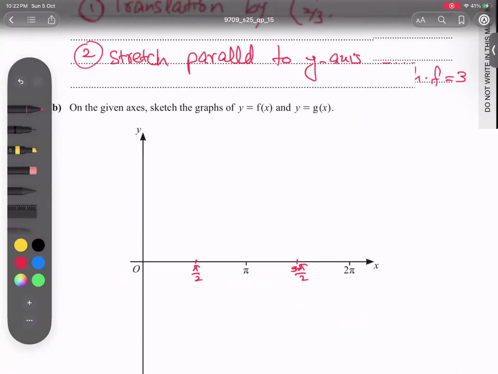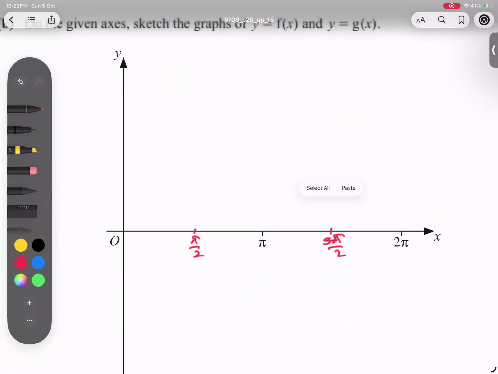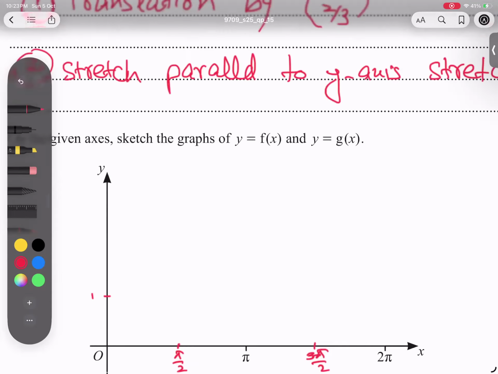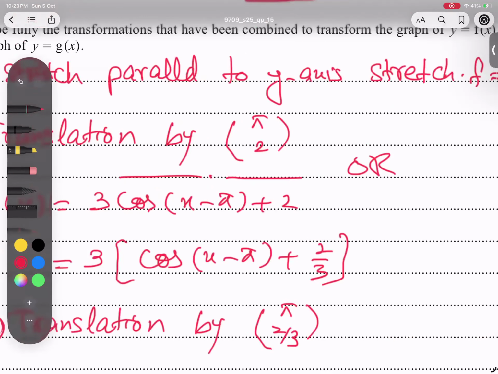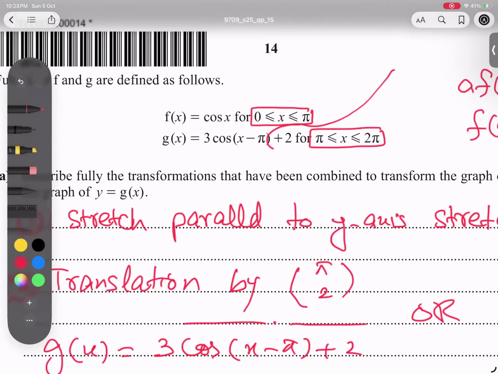0 to pi. So cos 0 is 1. Just a minute. Okay, this is a 2. Can you see 2, students?